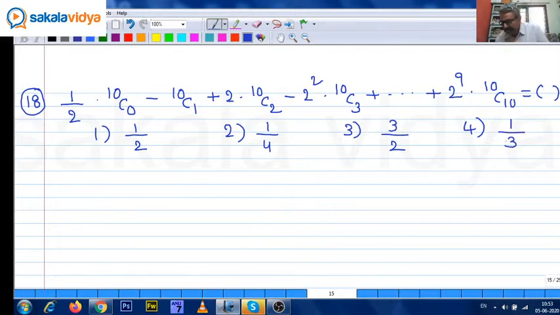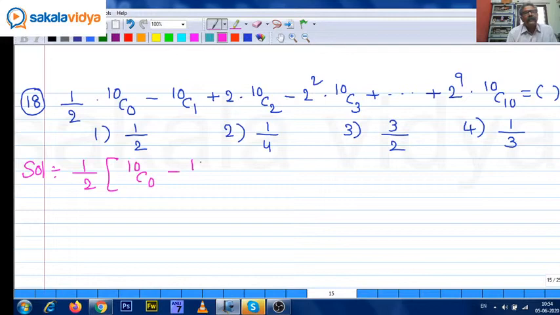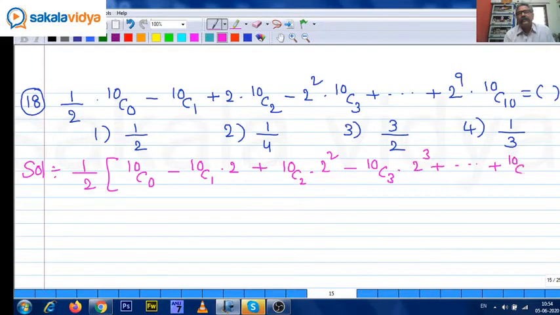Multiply both numerator and denominator with 2, or you can take out half common. You will get the answer. Solution now. If you take half common, you get like this: 10C0 minus 10C1 times 2, where 2 means here x, next 10C2 2 square x square minus 10C3 2 cube and plus dash dash 10C10 2 to the power of 10.